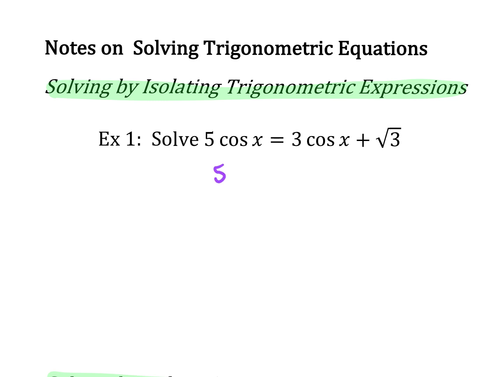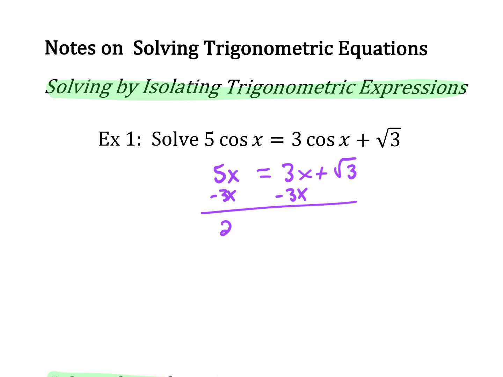So this equation would be written just as 5x is equal to 3x plus the square root of 3. Without the cosine in there, we're going to go back and put it back in a minute, but without the cosine in there, we get that equation. What would we do in order to solve that? What should we do to solve for x? Minus 3x. Okay, so we're going to subtract the 3x.